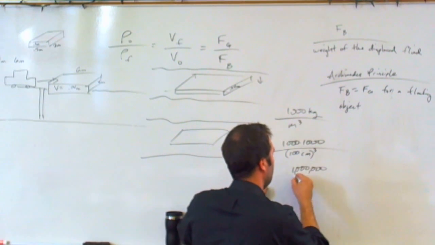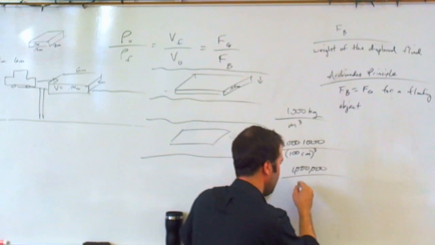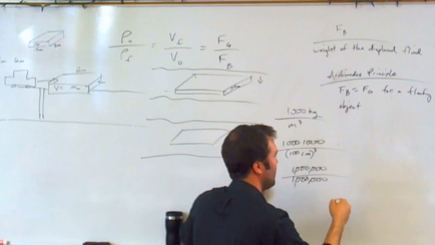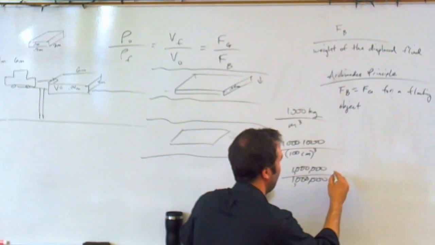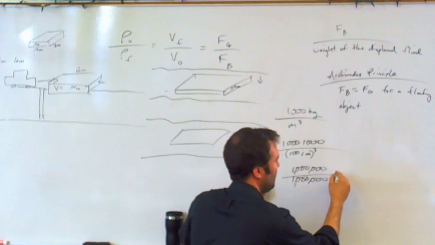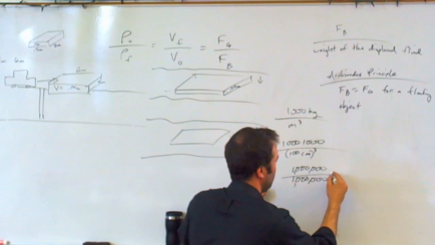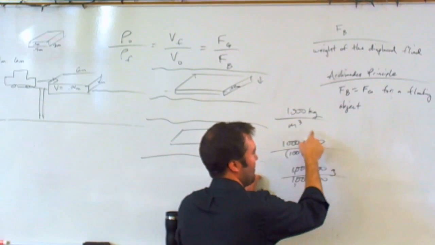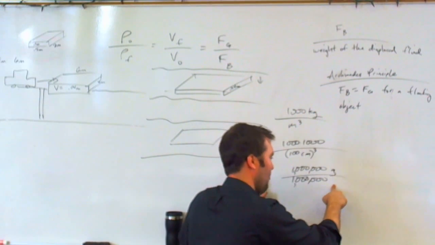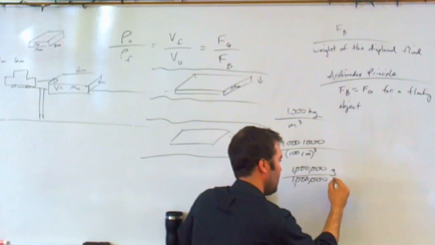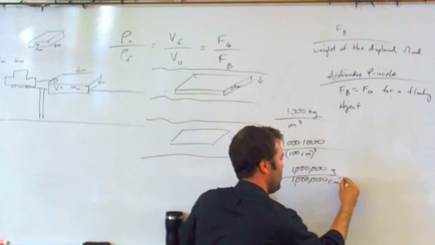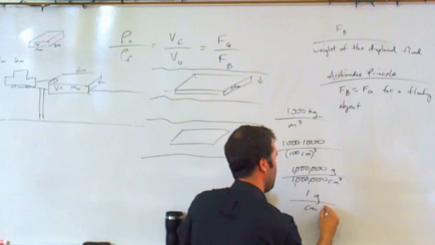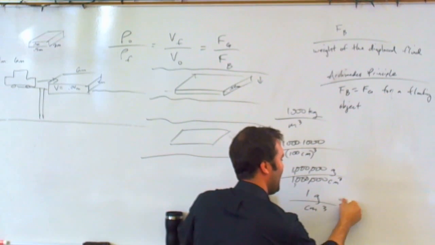What's 100 cubed? It's 1,000,000. What's the units on the top? Grams, because 1,000 times 1,000, that was grams. What's the unit on the bottom? Centimeters cubed. Interesting. 1 gram per centimeter cubed is the density.